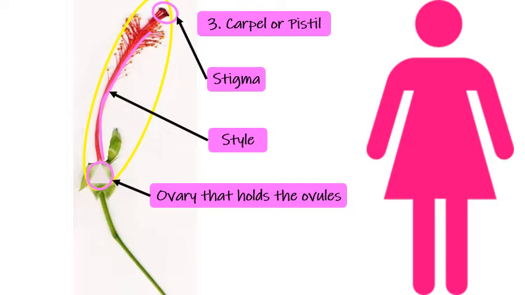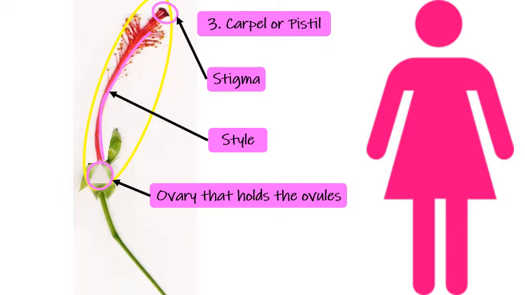It is composed of 3 parts: stigma, style, ovary. Stigma, style, ovary. Repeat with me. Stigma, style, and ovary. So the girl is called carpel or pistil. And the girl is made of 3 parts: stigma, style, ovary.